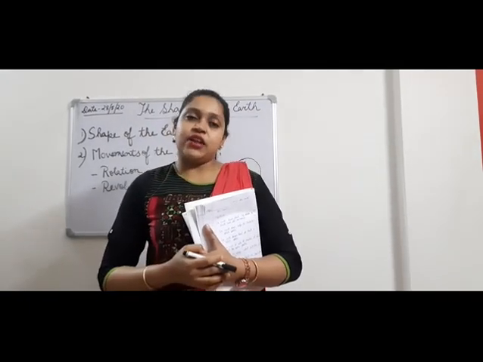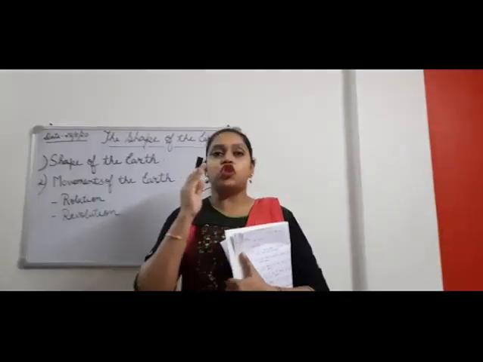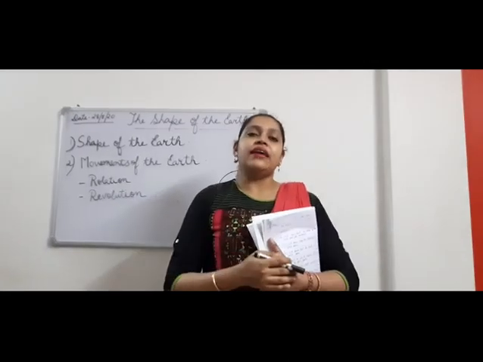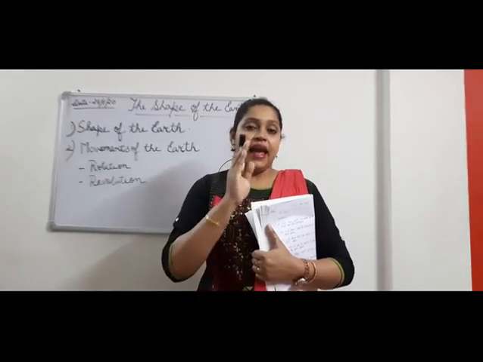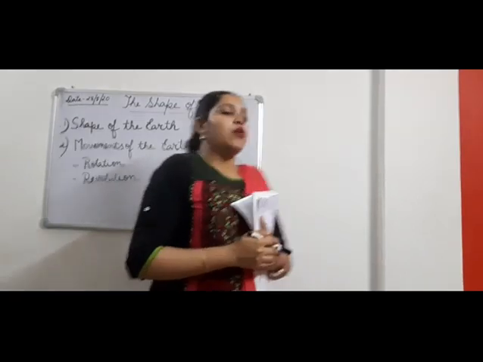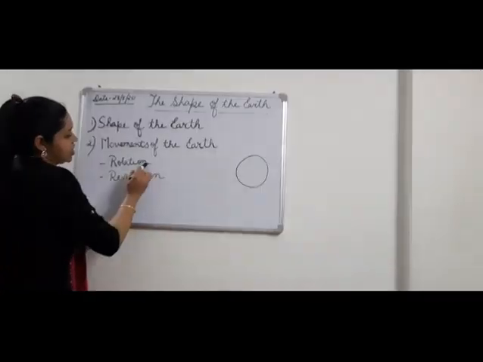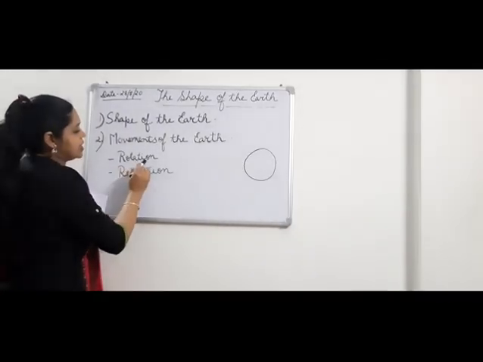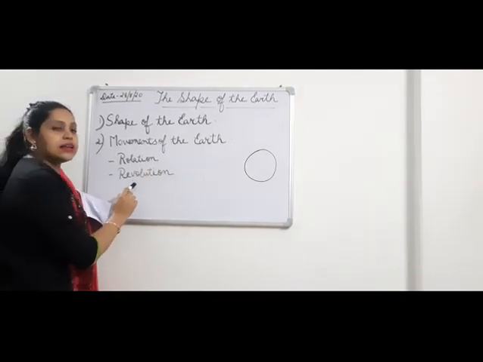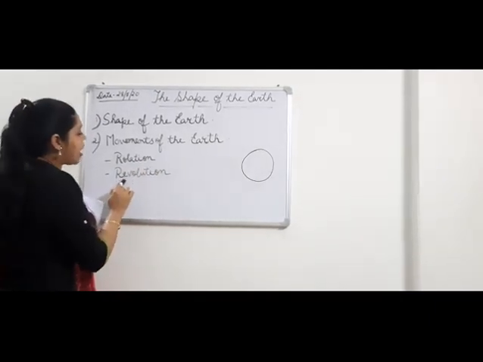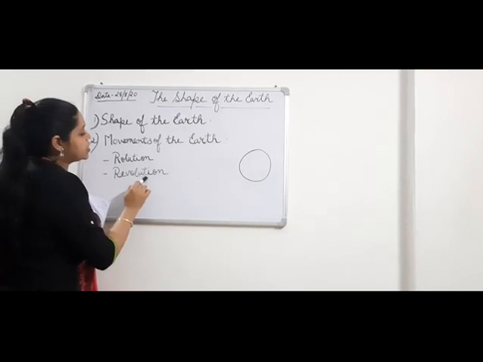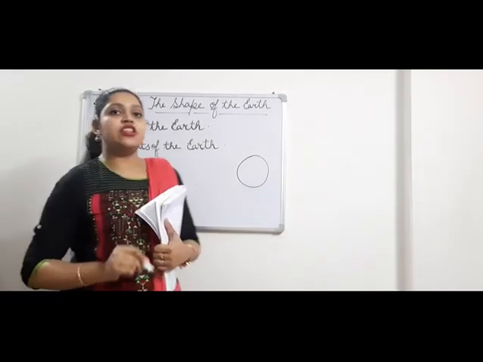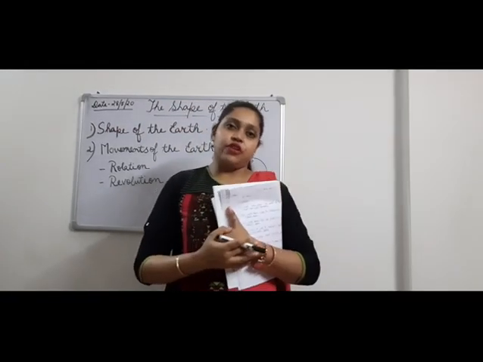And then children, we come to study the two movements of the earth. It has two movements. One is rotation, R-O-T-A-T-I-O-N, and the other is revolution, R-E-V-O-L-U-T-I-O-N. You can see in your book, rotation and revolution.